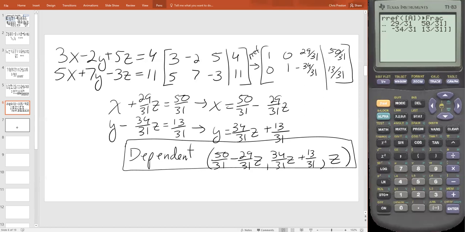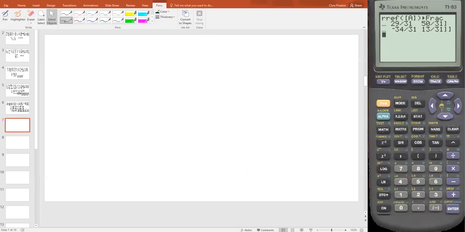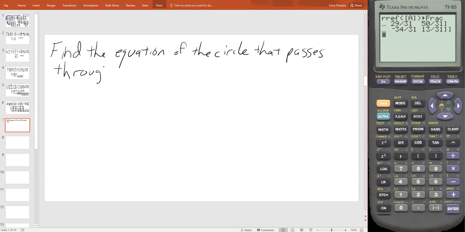And then the last few problems are going to ask you to find an equation, and they're going to give you some points to find the equation of whatever they're talking about. So let's say they ask us to find the equation of the circle that passes through, and they're going to give us some points here.